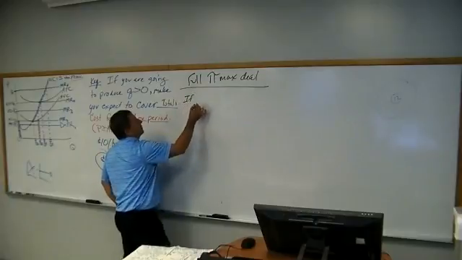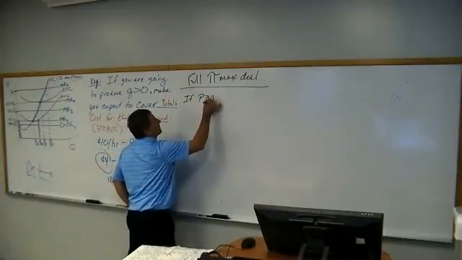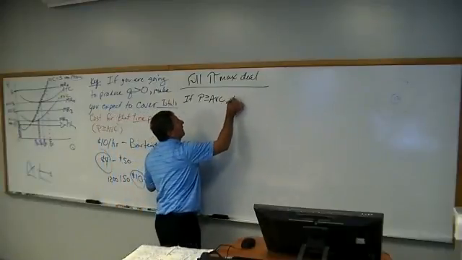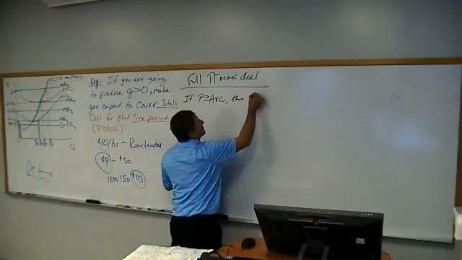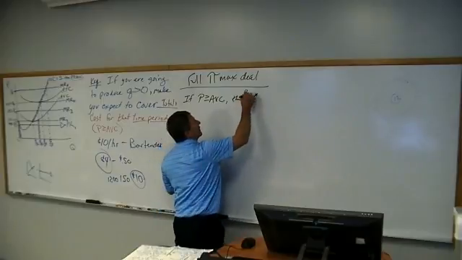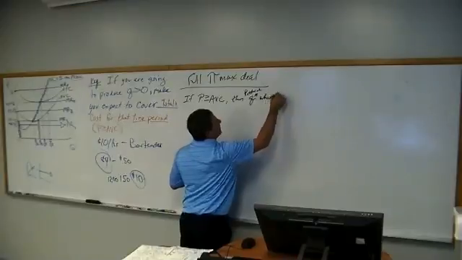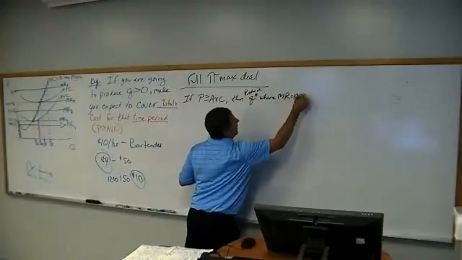If price is greater than or equal to average variable cost, then Q star: produce the quantity where marginal revenue equals marginal cost.